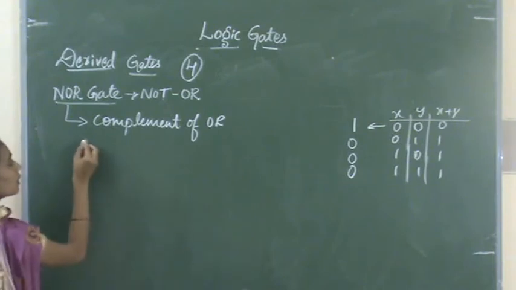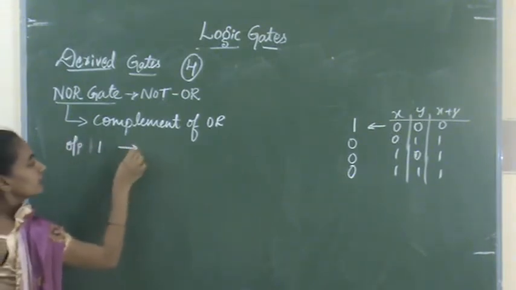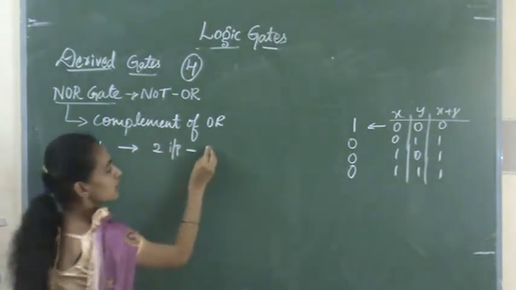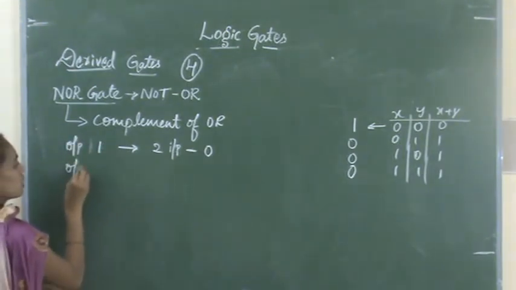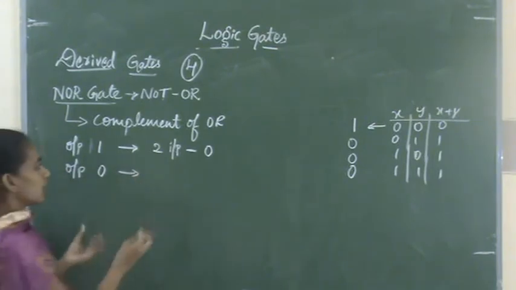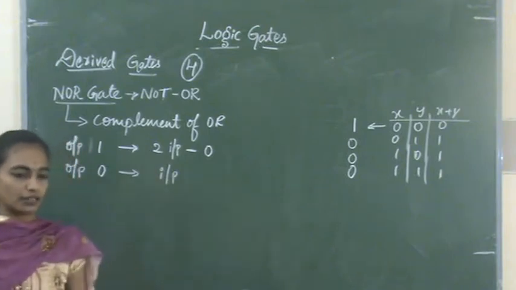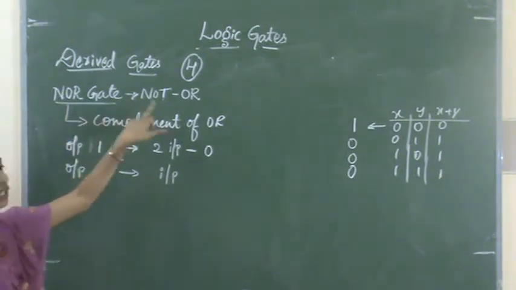So the output is 1 only when both inputs are 0. Otherwise the output is 0. Otherwise means the input may be any of the values, either 0 or 1. So like this the NOR gate works.